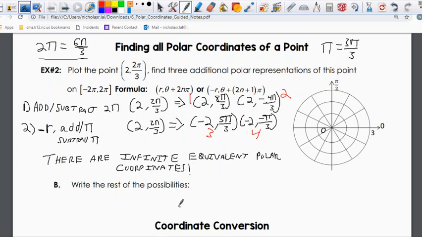All right, so let's express this with all possibilities. So we just need to find all angles coterminal with 2, pi over 3 plus 2 pi n, and with negative 2, pi over 3 plus 2 pi n.